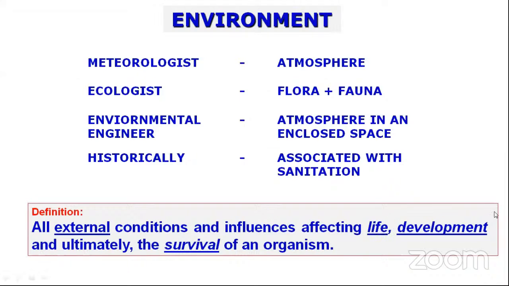And all these factors which affect life, development and survival of the organism are external to you. They are external to you. They are in the surroundings. That is the complex definition of environment. I think I have made it a little elaborate, and now you know how comprehensive the environment is.